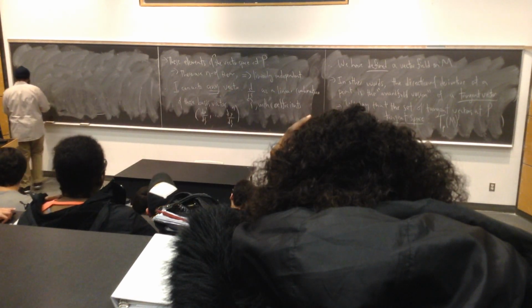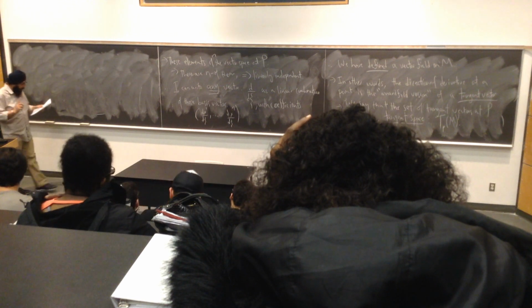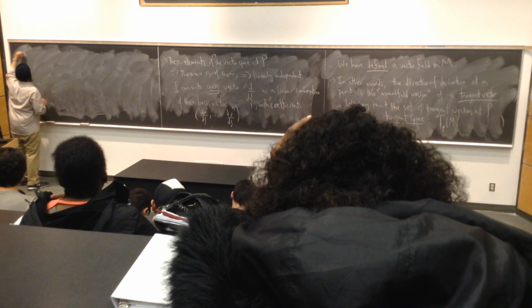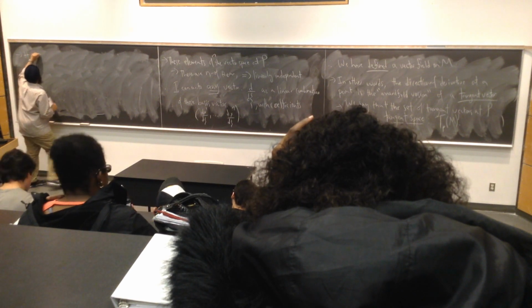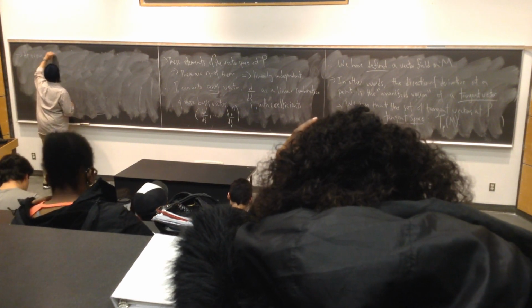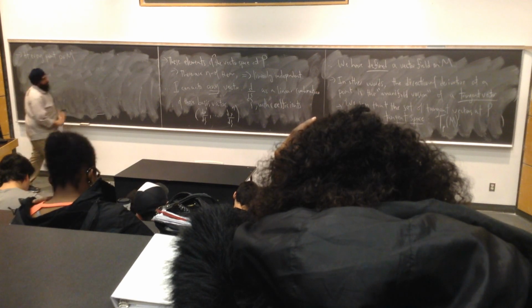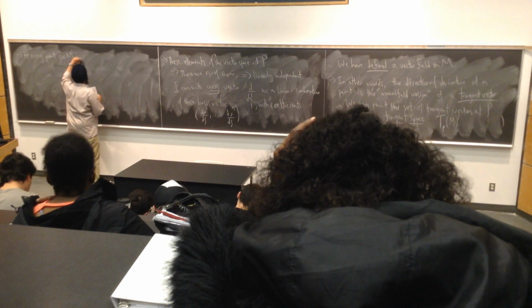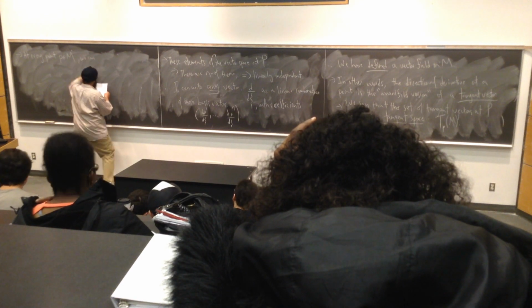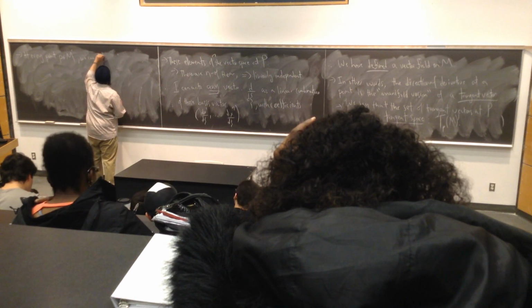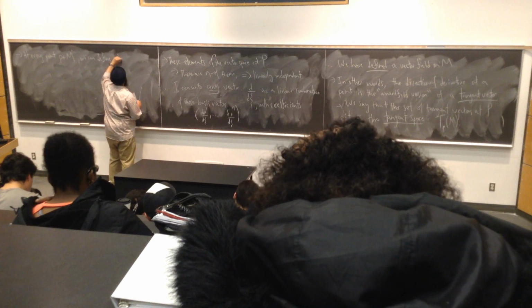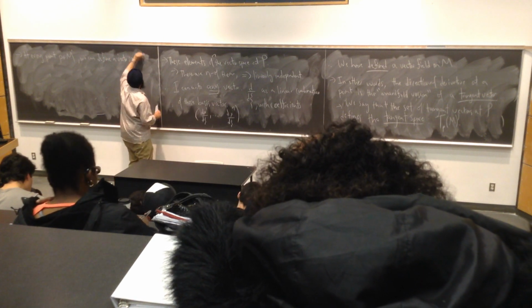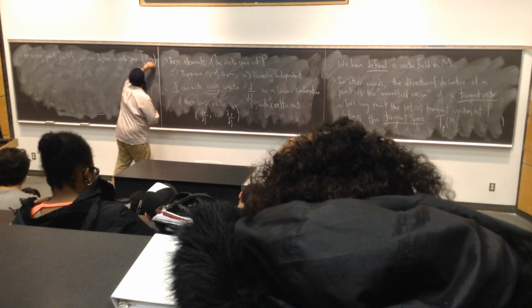Well, at every point P in M, so many points P in M, we can define a vector space. So that's my T_P. I'm just rewriting it so it's clear.